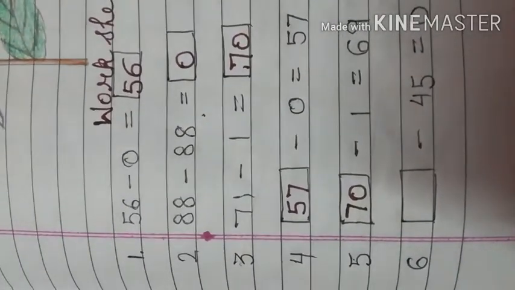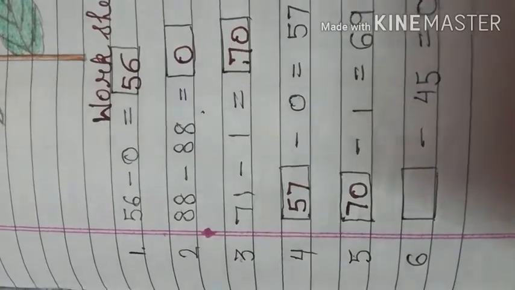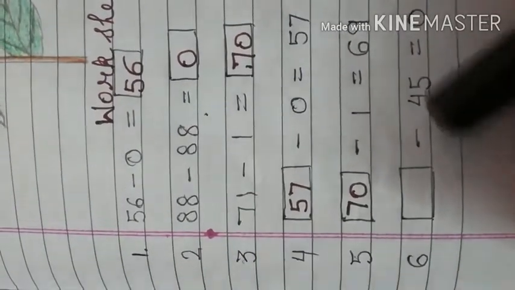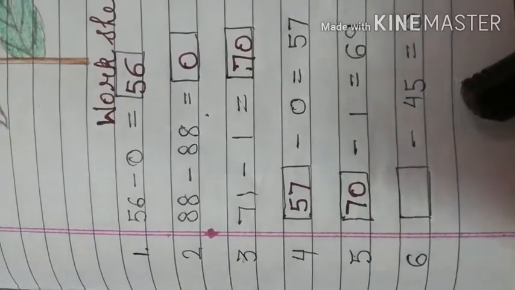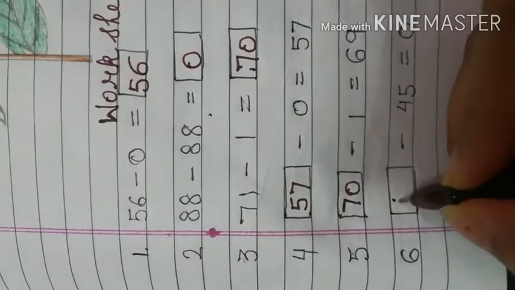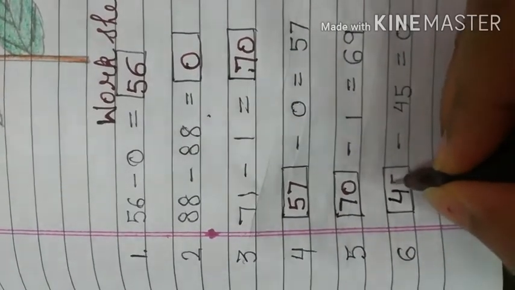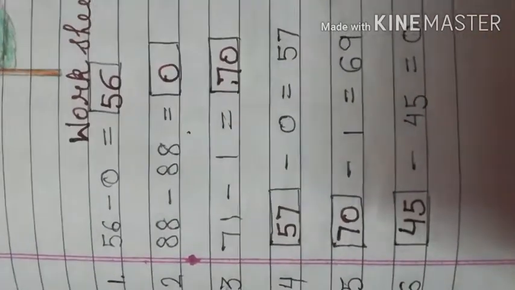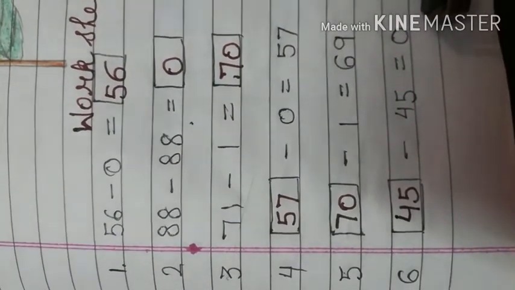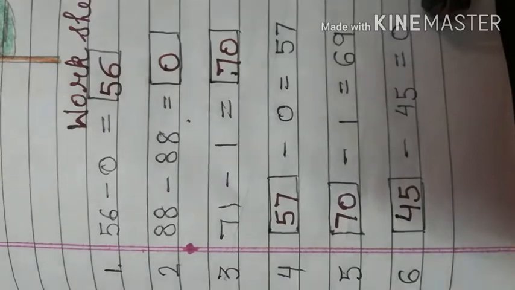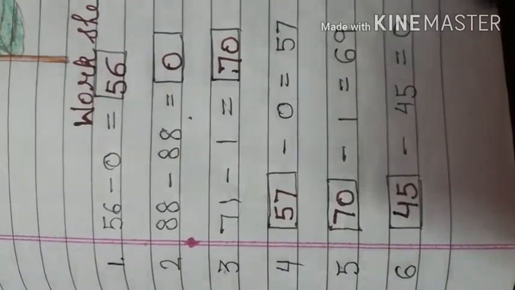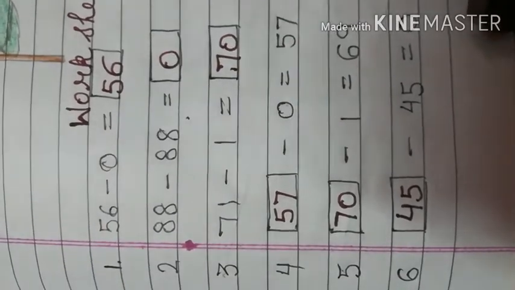Similarly in this question, when you are subtracting 45 from 45, that is why your answer is 0. So here now you can see that your answer is 0. Right. I hope all these 6 questions, these 6 blanks are clear to everyone.